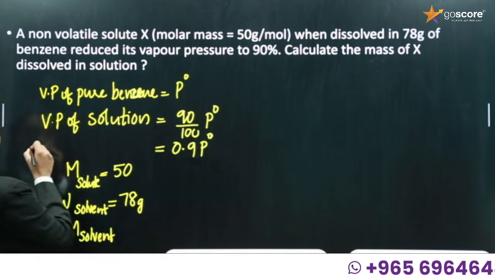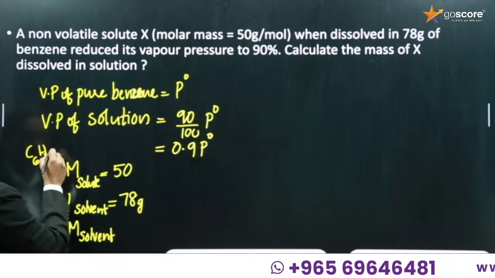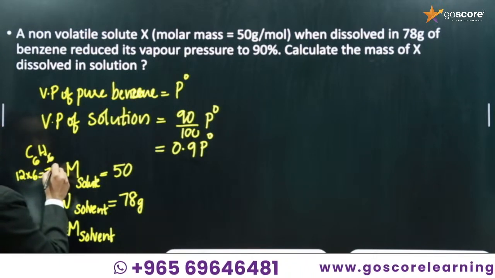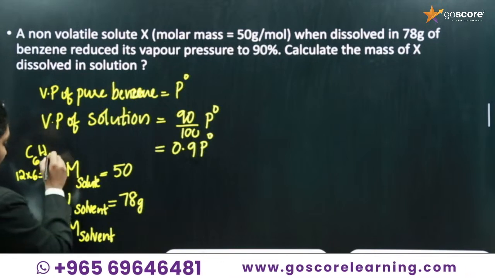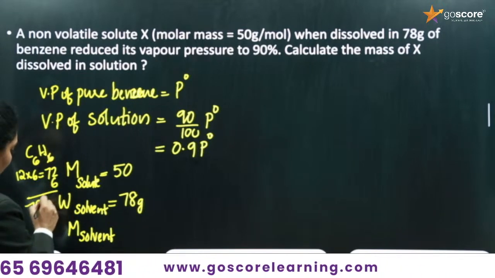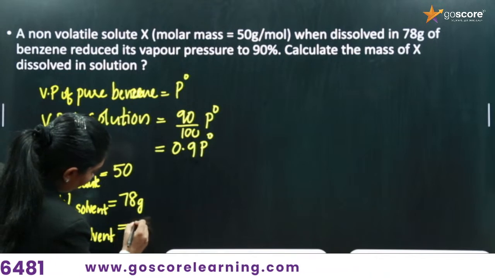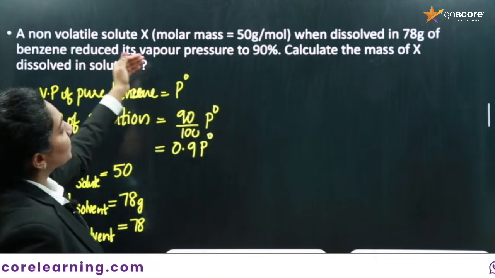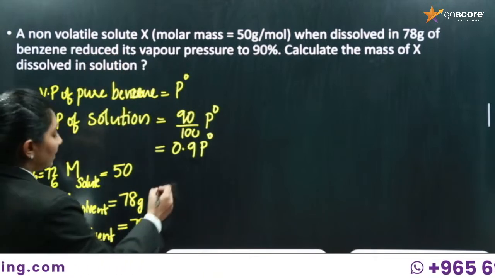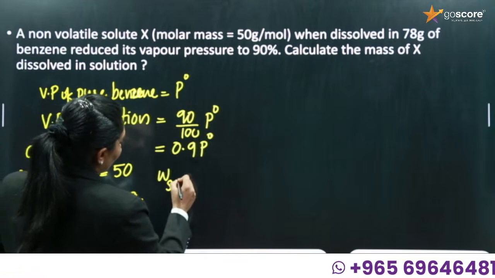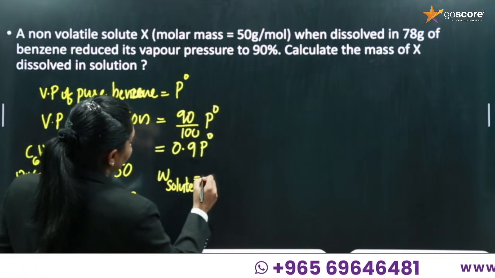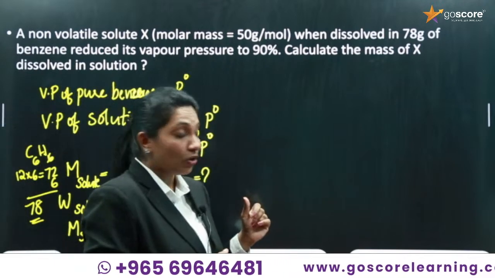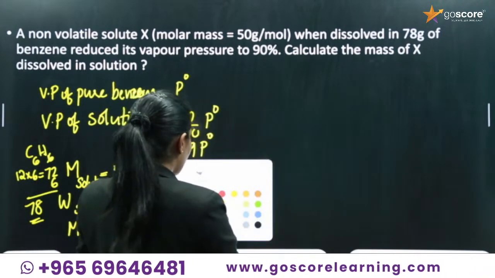It is benzene, you can calculate the molar mass of solvent, right? Benzene is nothing but C6H6. So 12 into 6 means you get 72 plus 6 hydrogen. The molar mass of benzene is 78. So the molar mass of solvent is 78. And we want to find out the mass of solute we have to add. So, what is the expression for relative lowering of vapor pressure? Here the vapor pressure changed, right?